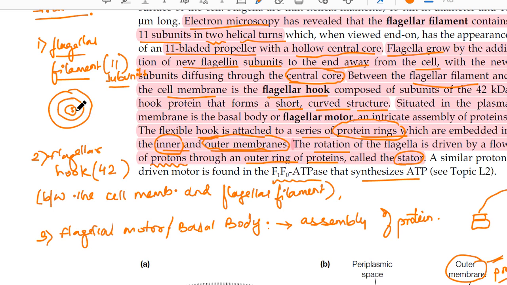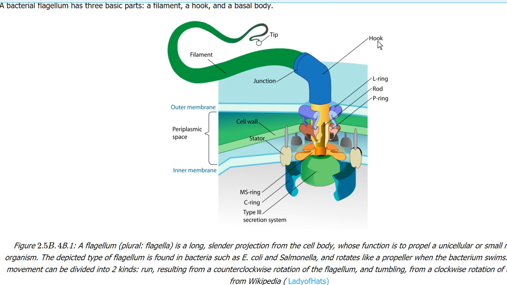After the filament is the flagellar hook, which is composed of 42 kDa, and this forms a curved structure. As you can see here, the hook forms the curved structure, and the filament has a central core and 11 subunits arranged in two helical turns.